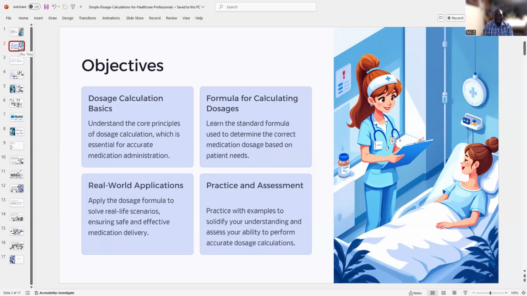This is where we learn. You know someone out there that's struggling with a simple dosage calculation, invite them. This was a full comprehensive lesson for simple dosage calculation using the simple dosage formula of order times quantity divided by available.